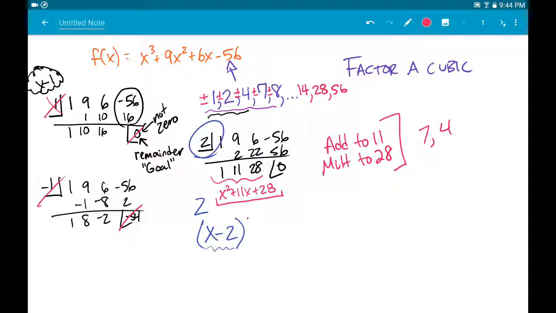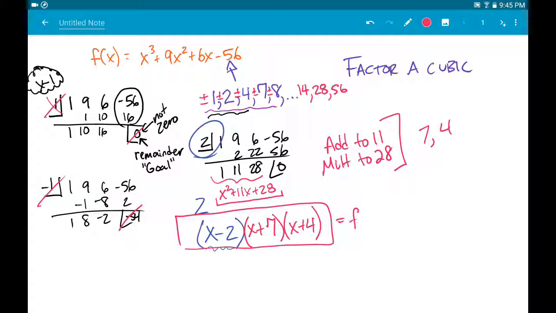And so we can write the other two factors of this. And this is the factored form of f of x.